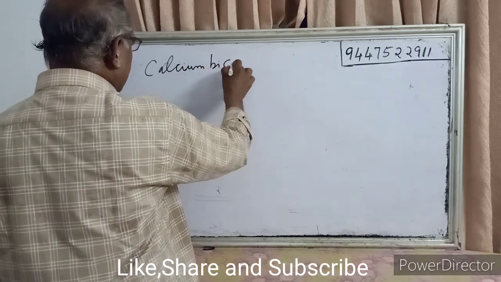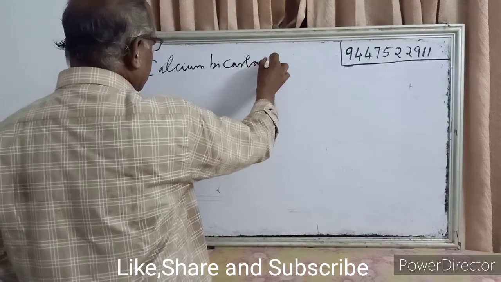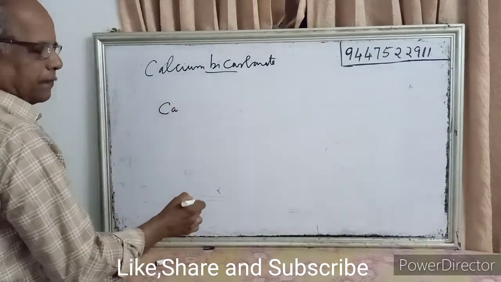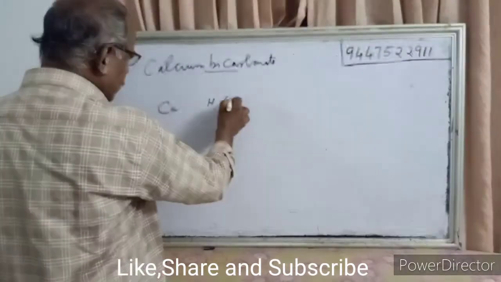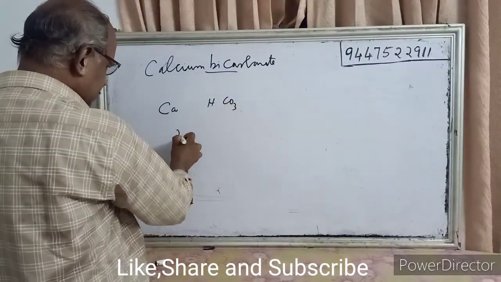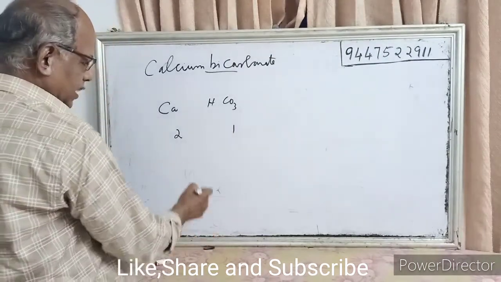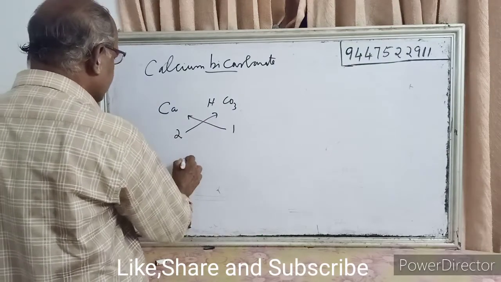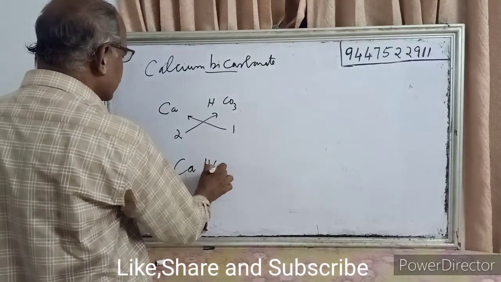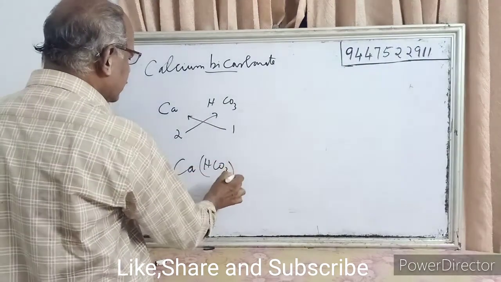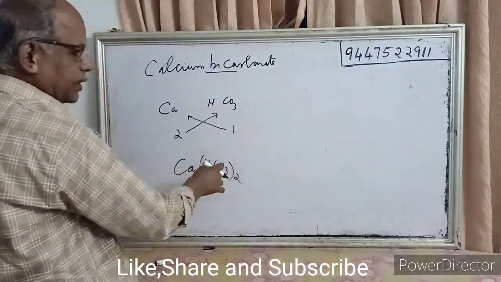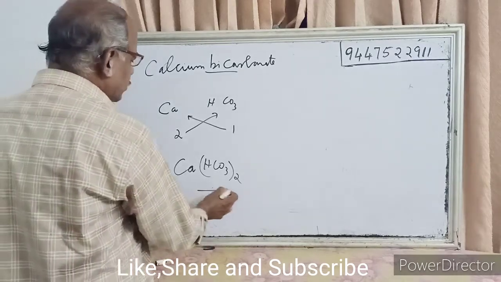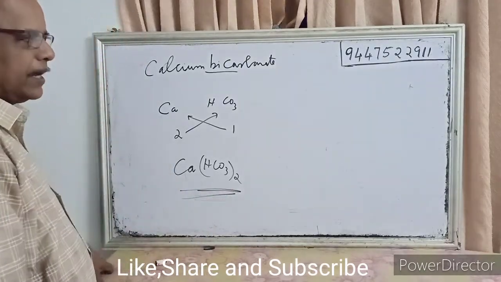Calcium bicarbonate: calcium symbol Ca, bicarbonate HCO3. Valency for calcium is 2, bicarbonate valency is 1. So when you cross it, this becomes Ca(HCO3)2. The radical should be written in brackets if it occurs more than once. That is calcium bicarbonate.